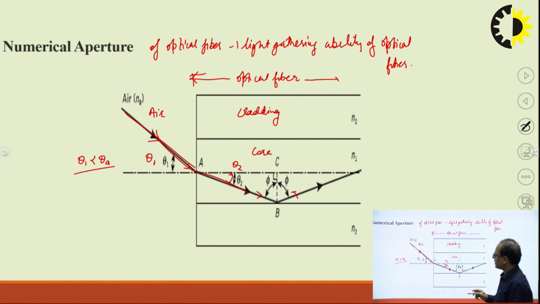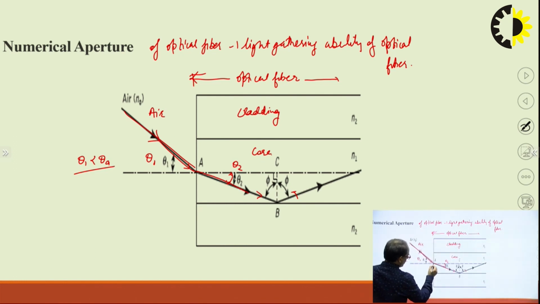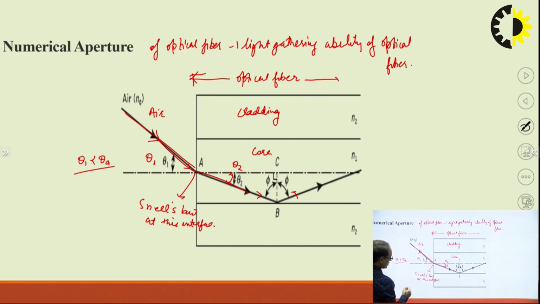Now see, if I use Snell's law at this interface, you will see that n naught into sin theta 1 is equal to n1 into sin theta 2.